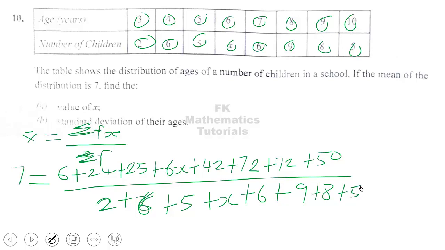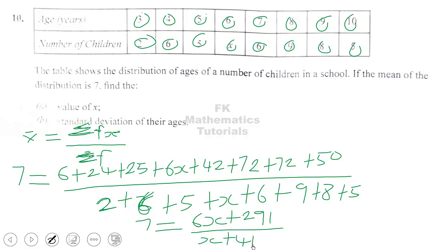So when we simplify this, we'll get 7 is equal to 6x plus 291 over x plus 41.